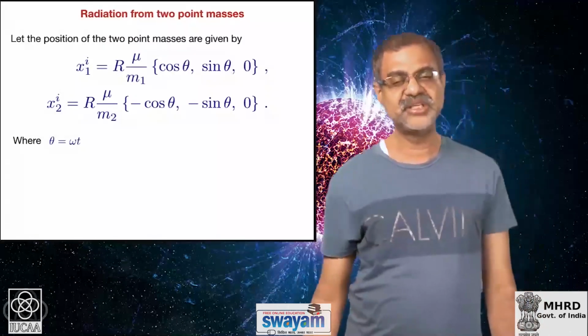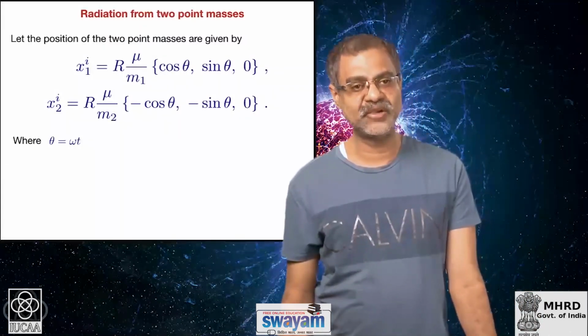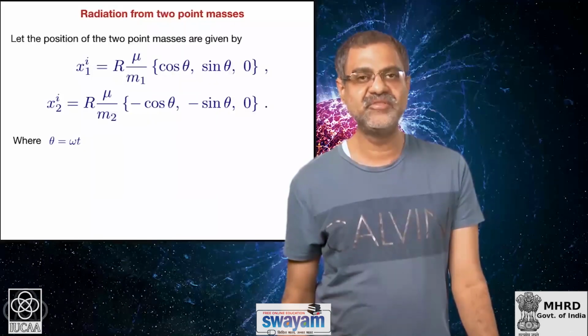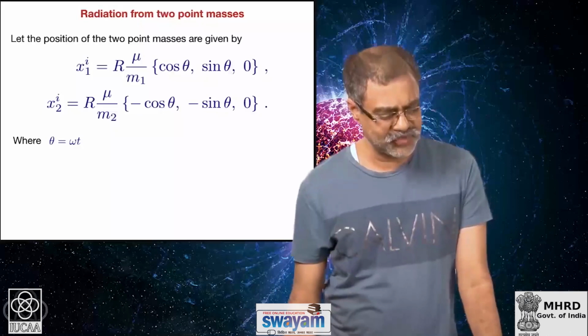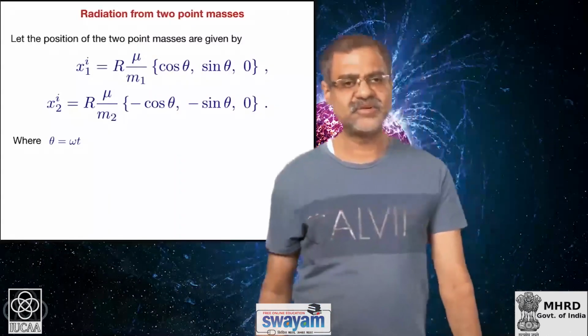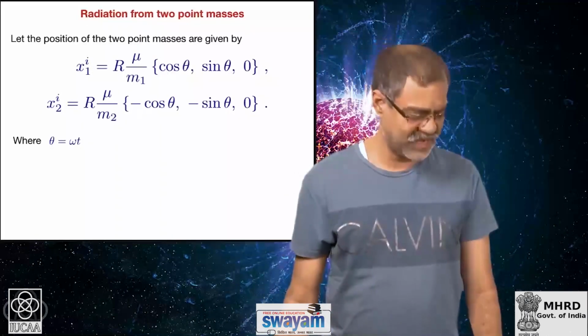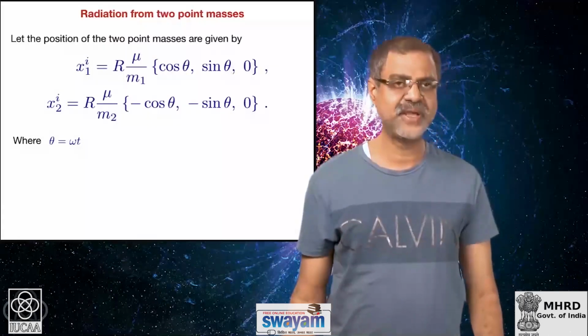The theta is basically omega t. Omega is the angular velocity with which the system is rotating. You can usually write this in terms of a moment of inertia frame or a center of mass frame.